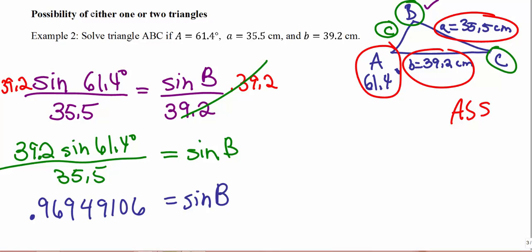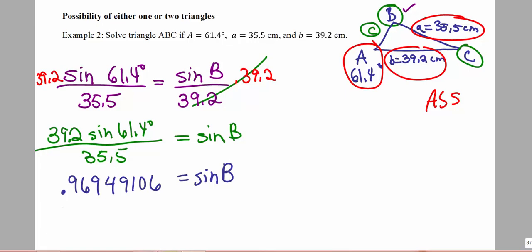So we'll definitely be able to find one angle that will fit this possibility. So let's put into our calculator sine inverse of this value, and then it should tell us what angle B is. And remember that the inverse function for sine will spit out angles from quadrants 1 and potentially quadrant 4.